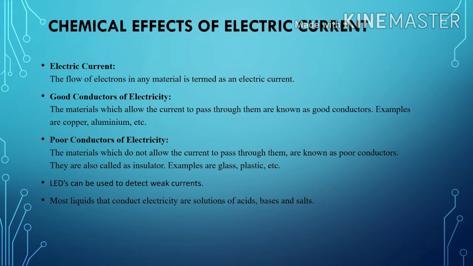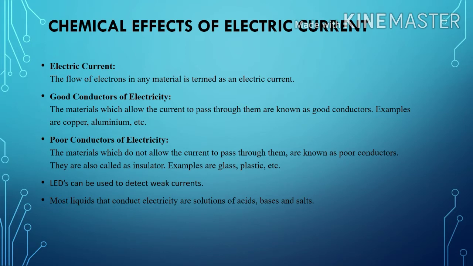Because of these salts, it is a good conductor of electricity. But distilled water is the purest form of water and does not contain any impurities. So it is a poor conductor of electricity.